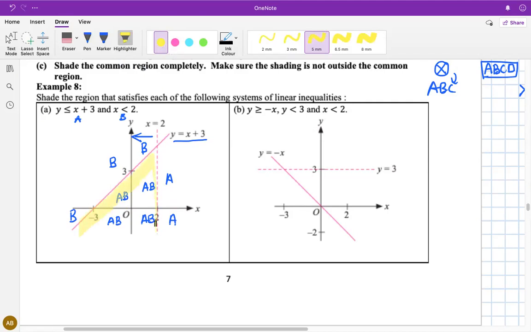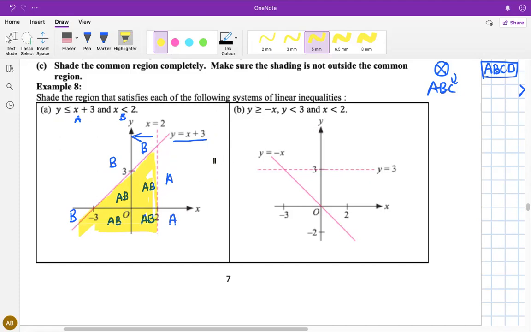That is your answer for y less than or equal to x plus 3 or x less than 2. If you are very sure how to do it, you do not need to list down A or B. You can check directly.